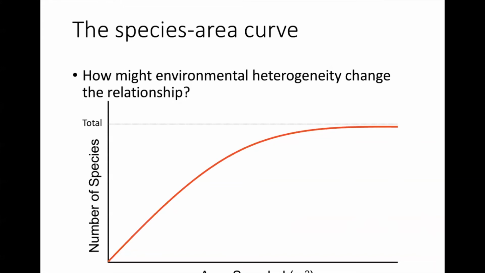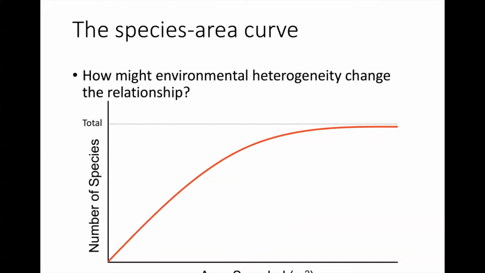So it's possible that you could also have a higher plateau in a more heterogeneous environment. And that's how it's typically presented in textbooks, and that seems to be generally true. But spatial heterogeneity in habitat conditions or resource availability usually promotes species richness by increasing the opportunities for other and different species to do well in that environment.